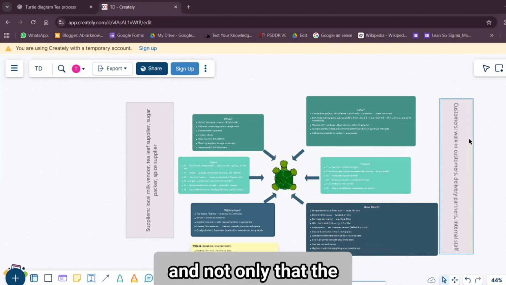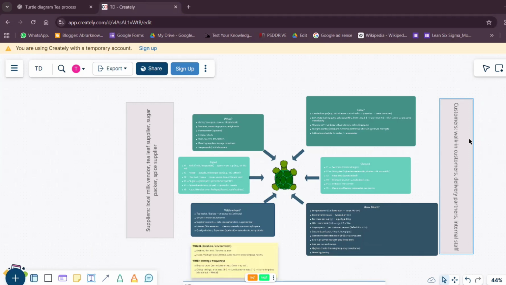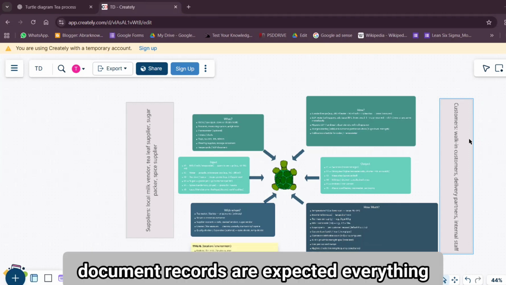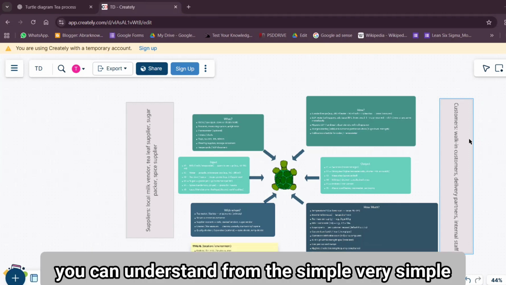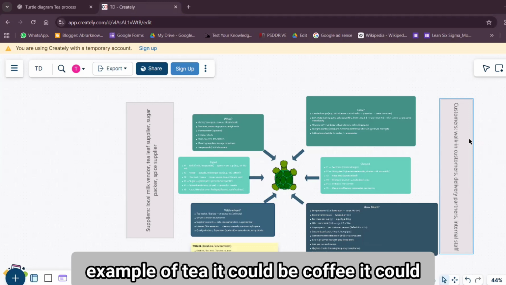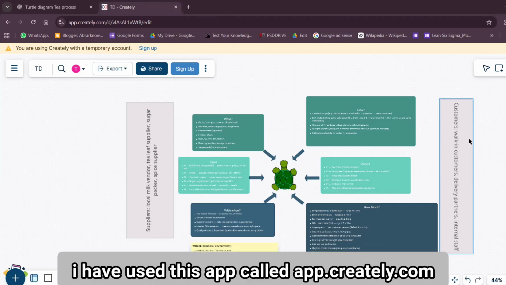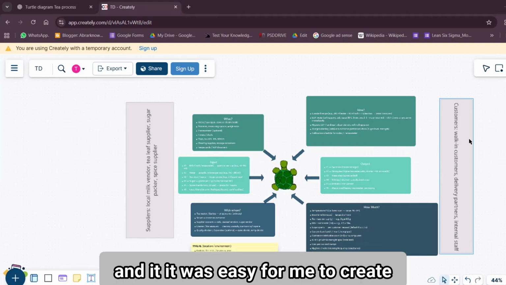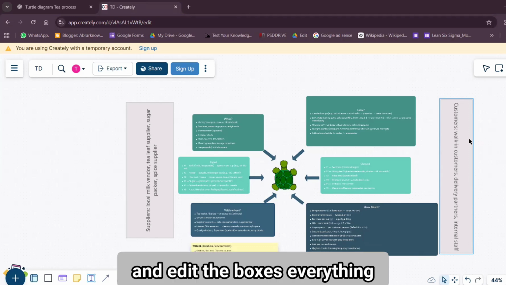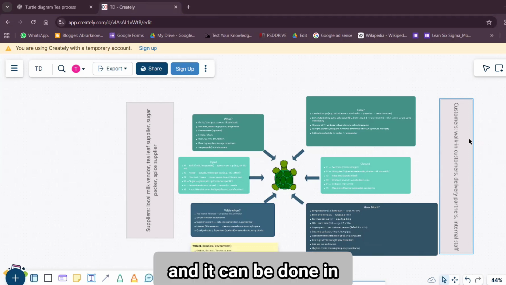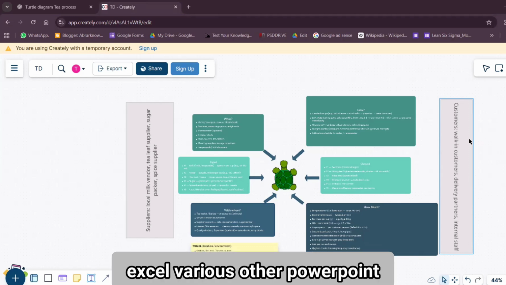And not only that, the risk management, what document records are expected, everything you can understand from the simple, very simple example of tea. It could be coffee, it could be cappuccino, it could be anything, right? I have used this app called app.creately.com, and it was easy for me to create and edit the boxes and everything, and it can be done in Excel, PowerPoint, and so on.